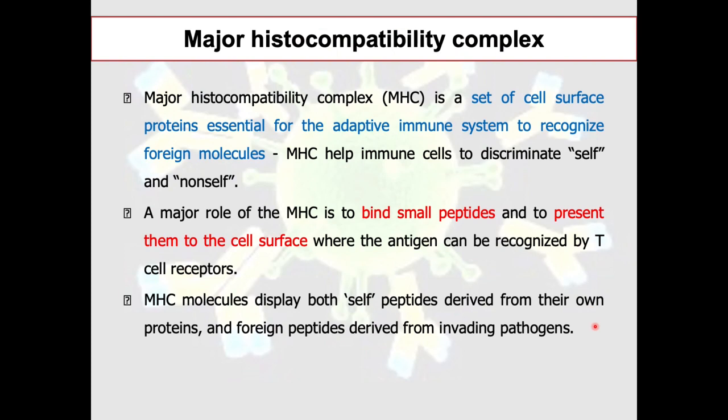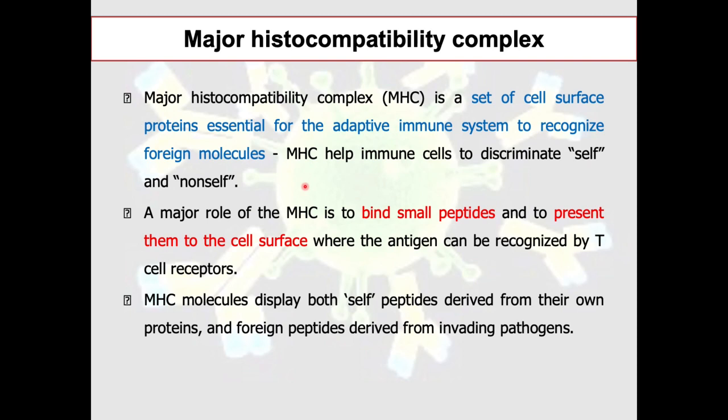Right. So next, let's go to the major histocompatibility complex, known as MHC. What is MHC? MHC is a set of cell surface proteins essential for the adaptive immune system to recognize foreign molecules. In other words, MHC helps the immune system discriminate self and non-self.